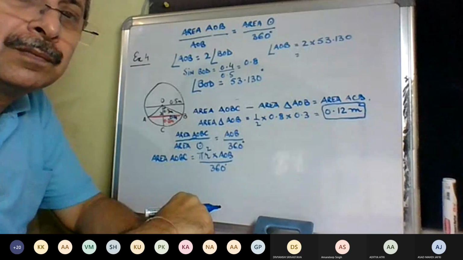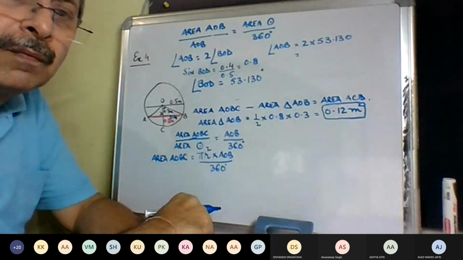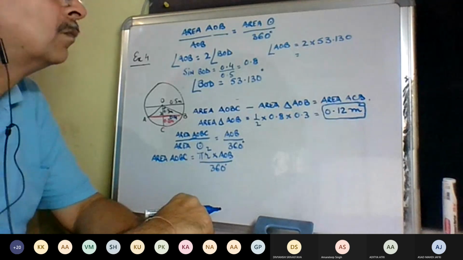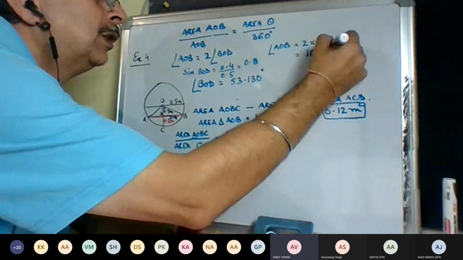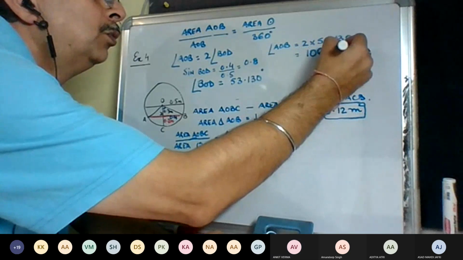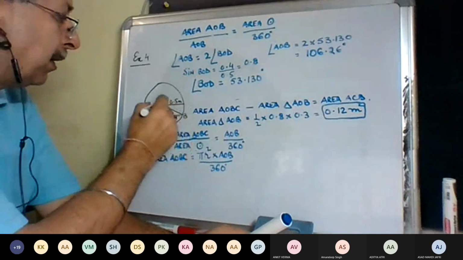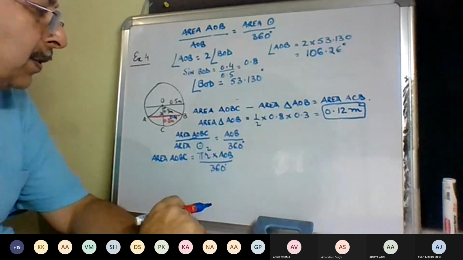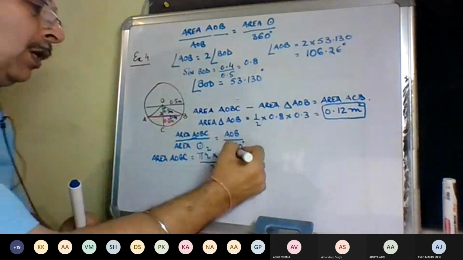So angle AOB is how much? 106.26 degrees. This is the angle which is subtended at the center. So put this in this formula.